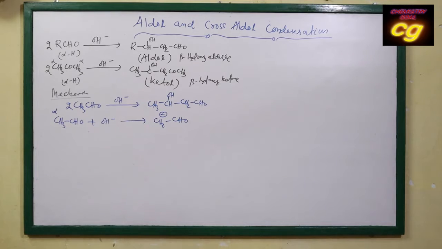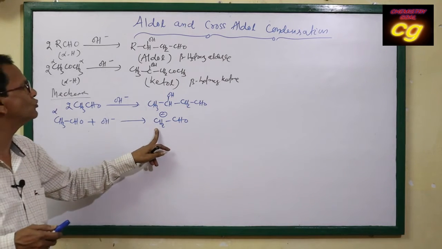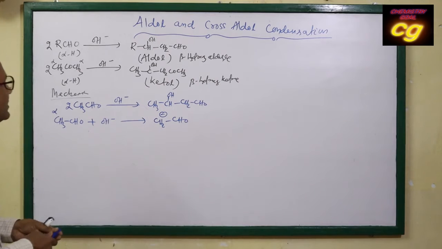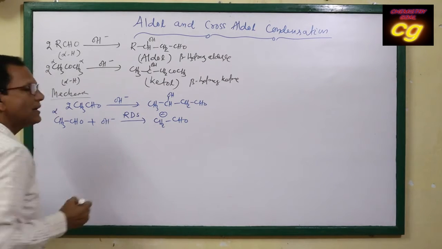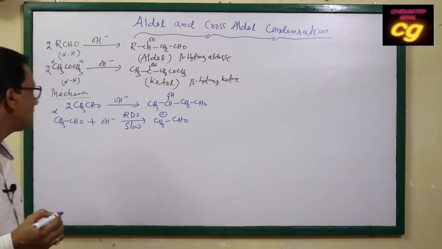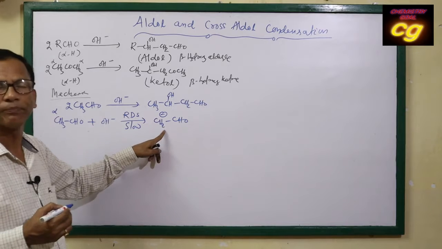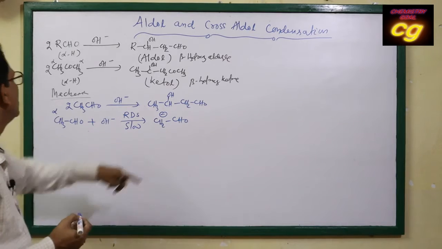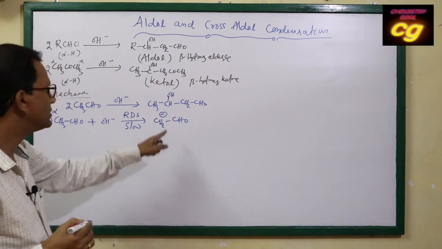This is the RDS, rate determining step, that is the slow step, forming a carbanion which acts as a nucleophile. This is the first step, formation of carbanion, that is nucleophile.